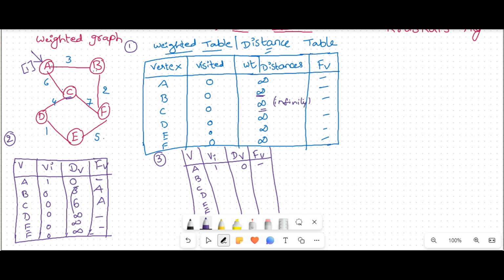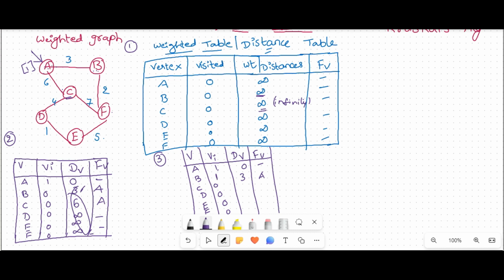Find the shortest distance. Of all the distances, B has the shortest, so visit vertex B and make its visited value 1. The distance has no change, 3 units from the vertex A. Now find the adjacent vertices for B. B's adjacent vertices are A and F. But A is already visited, so F is not visited.